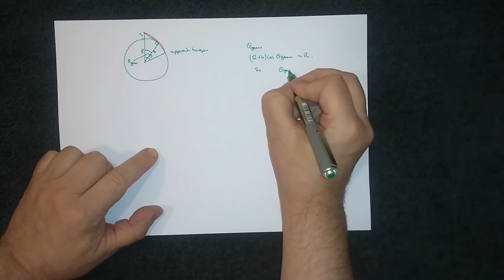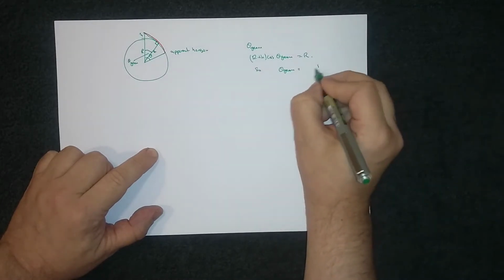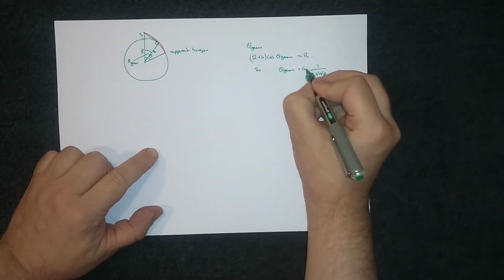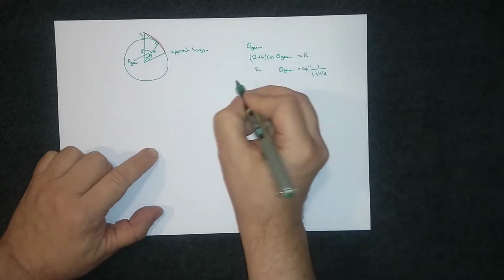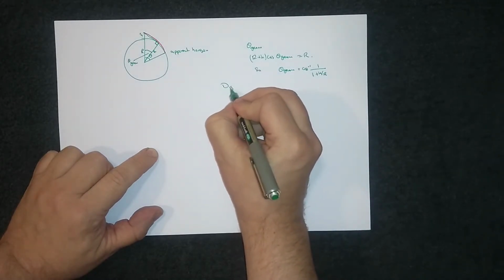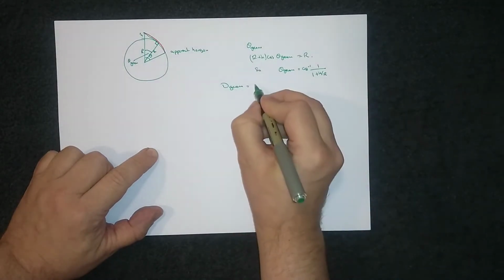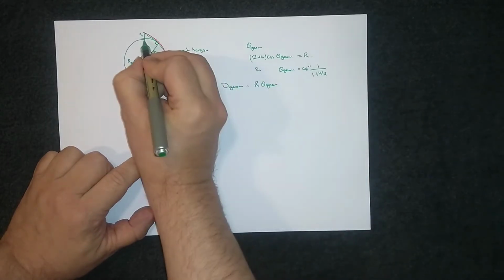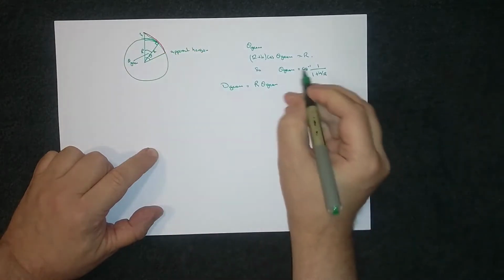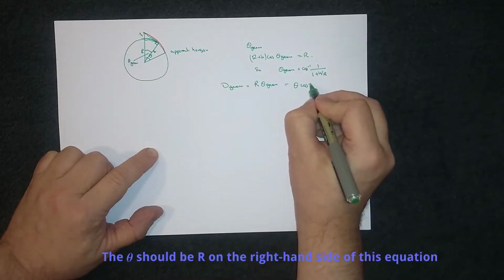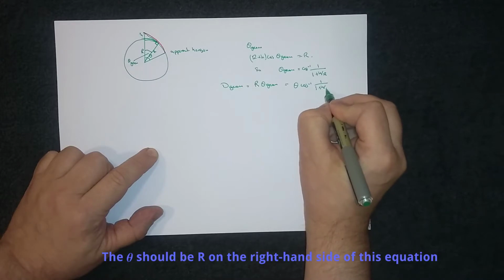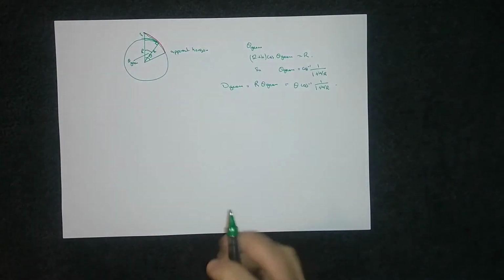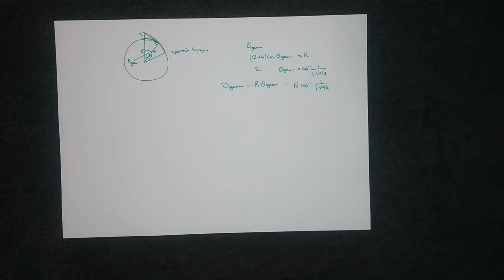So theta geometric is the inverse cos of 1 over (1 plus h over r), and therefore the distance to the geometric horizon is r theta geometric, which is r times the inverse cos of 1 over (1 plus h over r). That's what we get if we did not have refraction in the atmosphere.